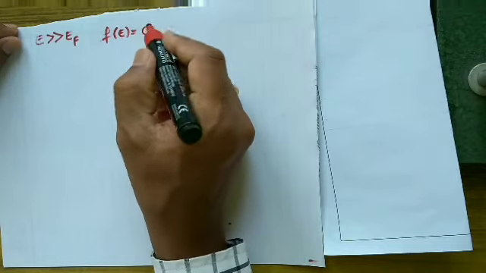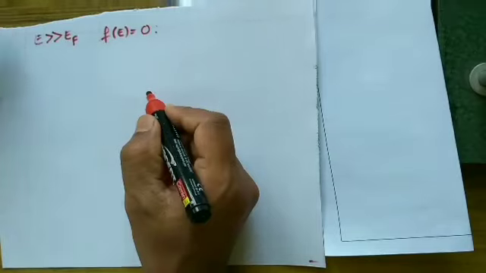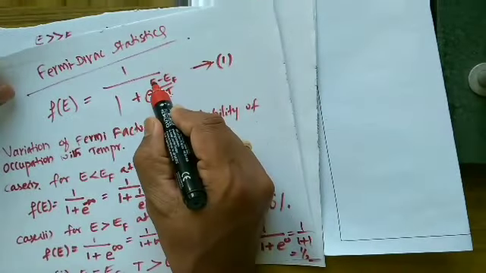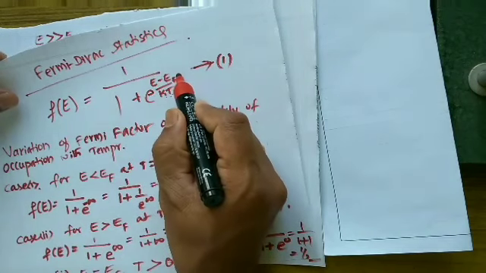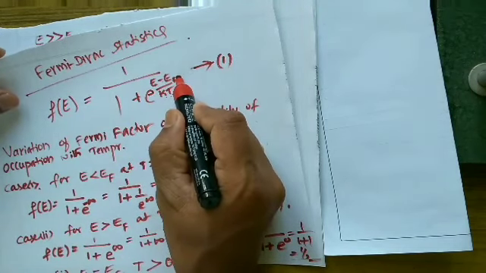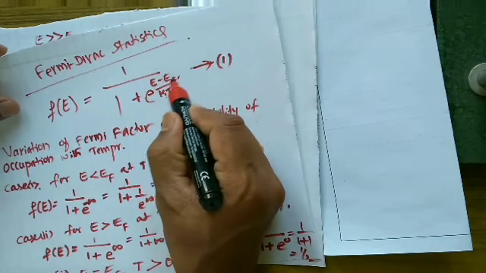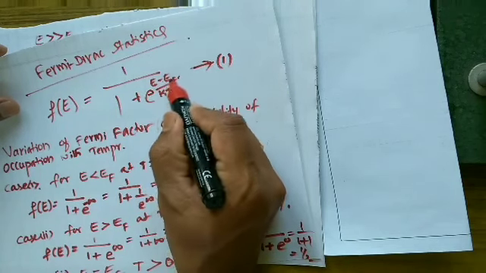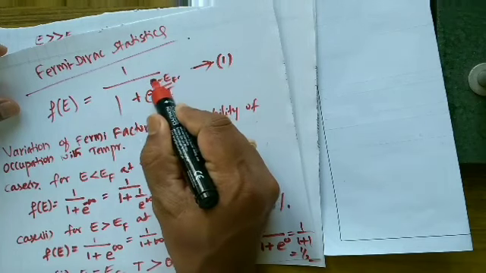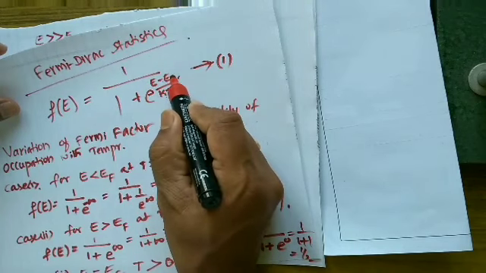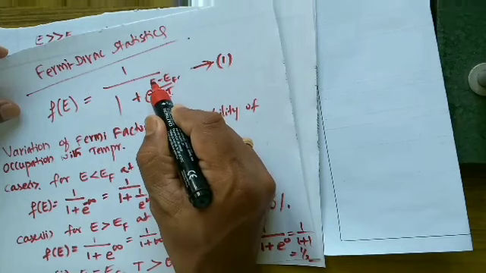How to understand this? Let me tell you. In this equation, if I say that E is very much greater than EF, then here this power becomes positive. And if E is very high compared to EF, I can say that E is infinite.